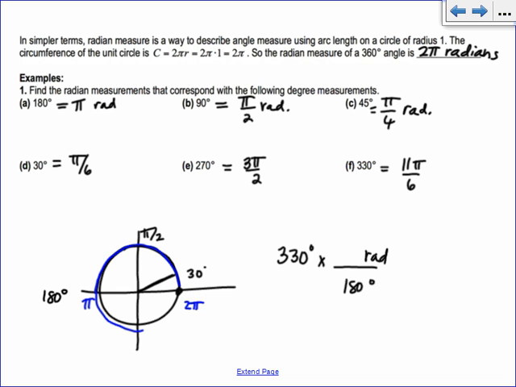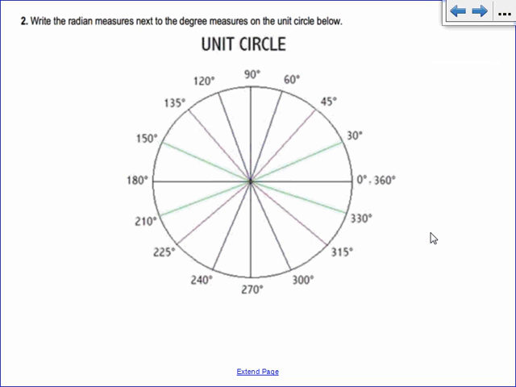So I put 180 degrees is the same as pi radians. And I reduce it. So I say 330 divided by 180. I know they're at least divisible by 10. So then I have 33 over 18 pi, and that goes down further. That's divisible by 3. 11 over 6. So you get 11 pi over 6. So you could do it that way, right? But that would be very time consuming. We really should memorize this.